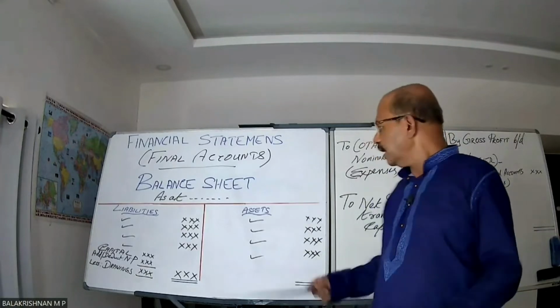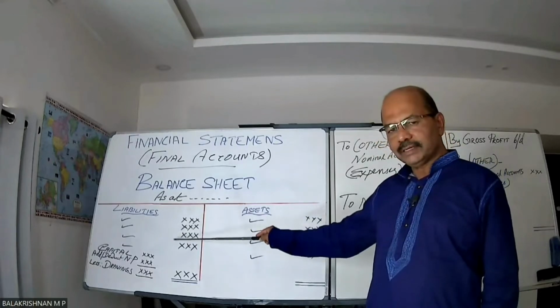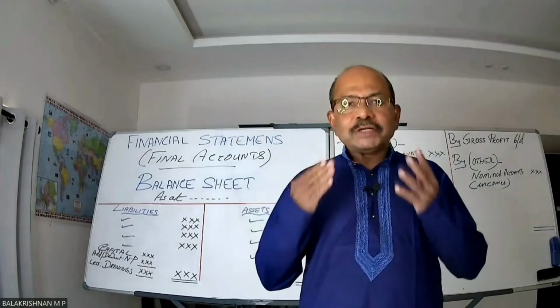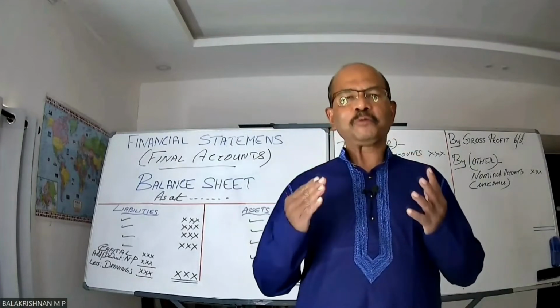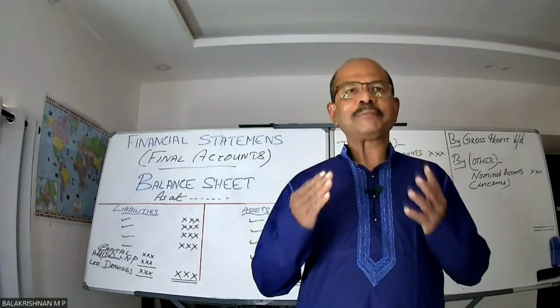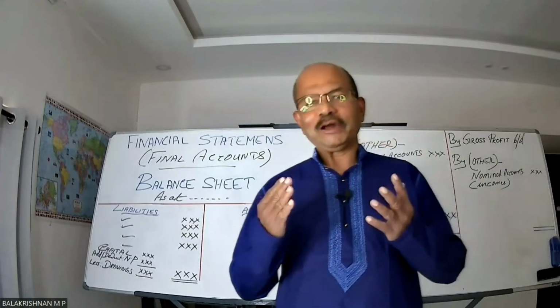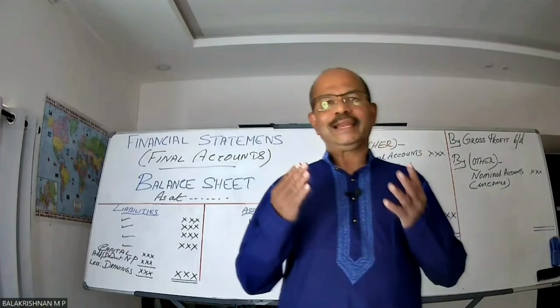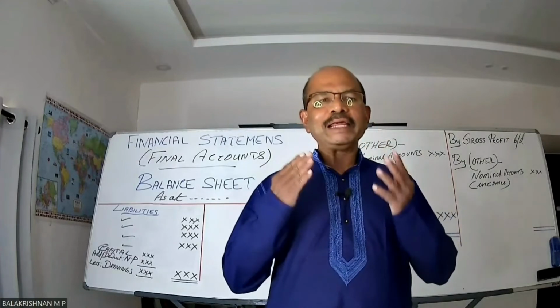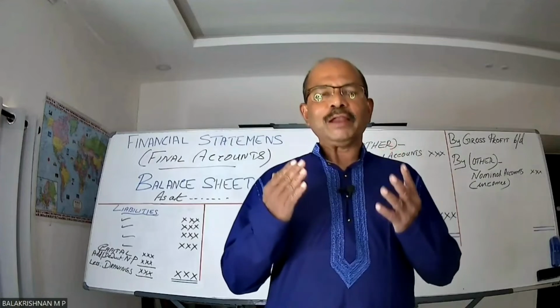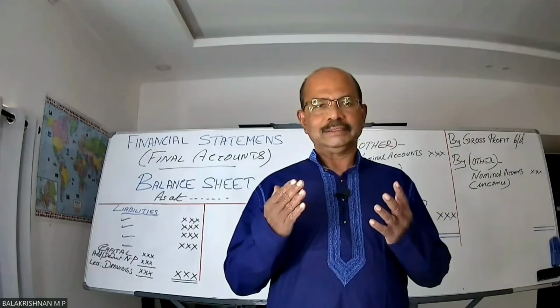Right. Liabilities are shown in the left side. Assets are shown in the right side. Having shifted all the nominal accounts for the purpose of the trading and profit and loss account, only real and personal accounts will now be left out in the trial balance. I repeat, only real and personal accounts will now be left out in the trial balance.